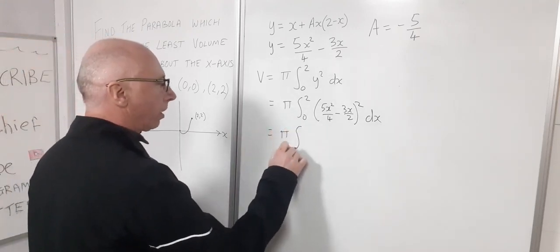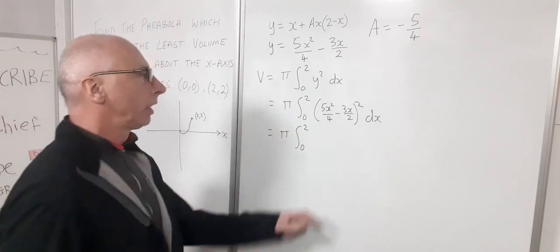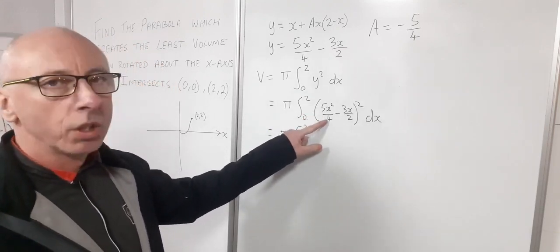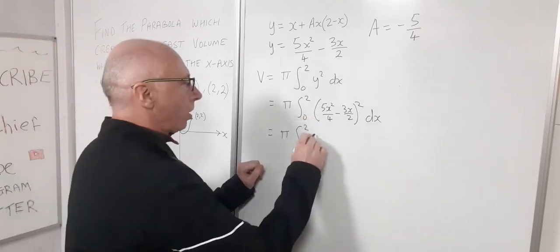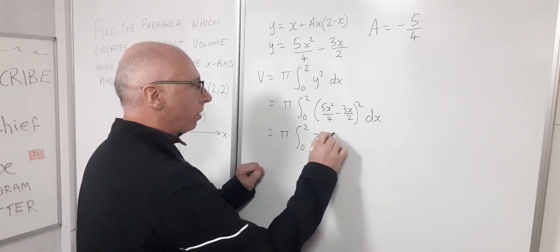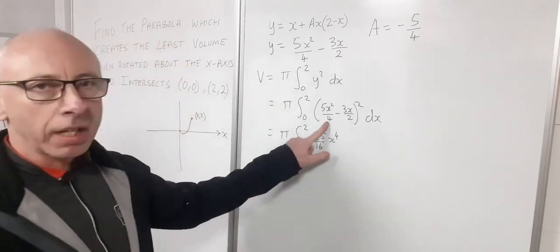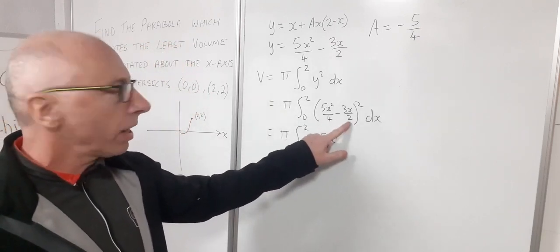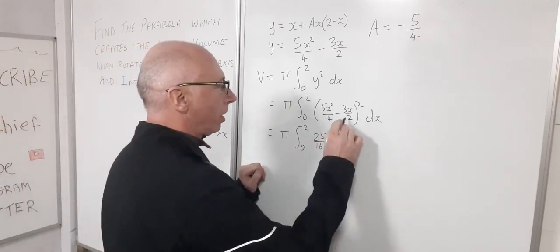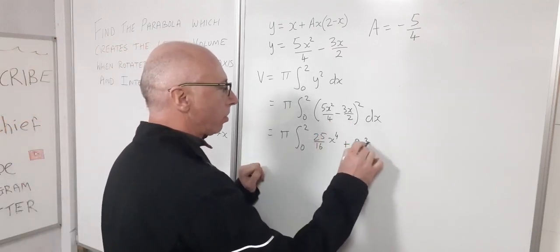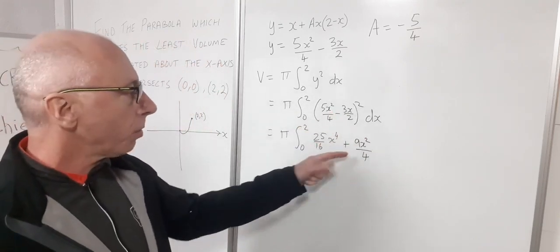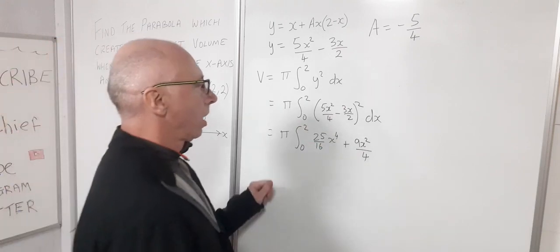So pi from 0 to 2. Now squaring this off. So 5x squared over 4, square that. So we'll have 25 over 16 x to the 4. So that would take care of that term squared. Now let's square this term, and then we'll end up with a positive 9x squared over 4. So that's 3 over 2 squared, and then the x squared, that's 9 over 4.